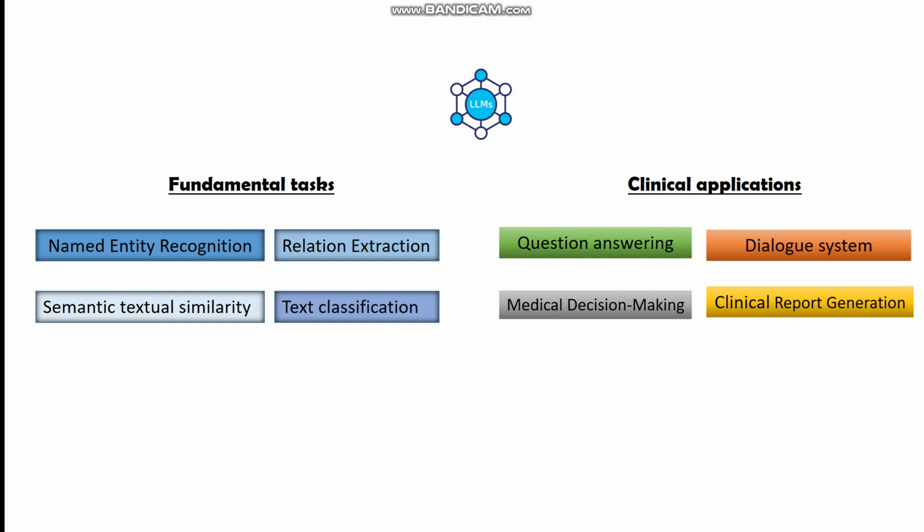They are common to general LLMs, but they are essential for understanding clinical language and extracting medical meaning from text. Then we have the clinical applications, which bring the model closer to real medical practice, such as medical question answering, dialogue systems, report generation, and clinical decision making.